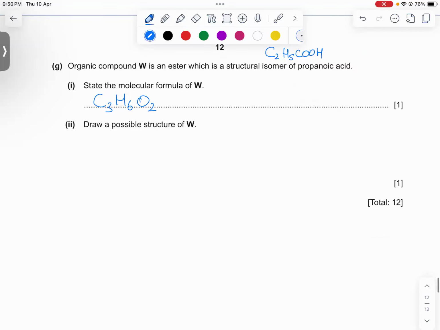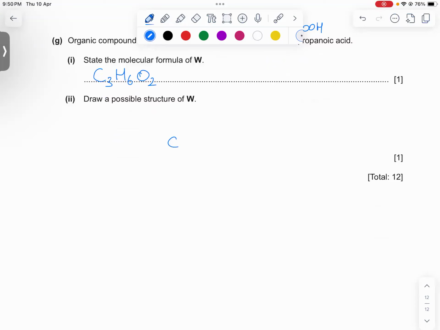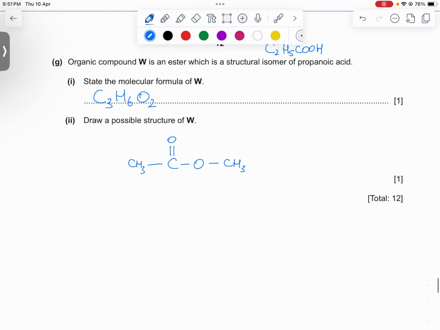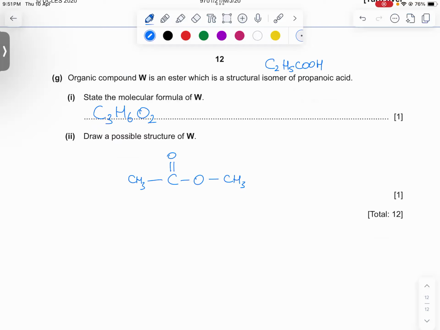And now the ester, because it contains the carbon, double bond oxygen and oxygen, it should contain 6 hydrogens. So CH3 and CH3, this is a possible structure of the isomer ester of propanoic acid.